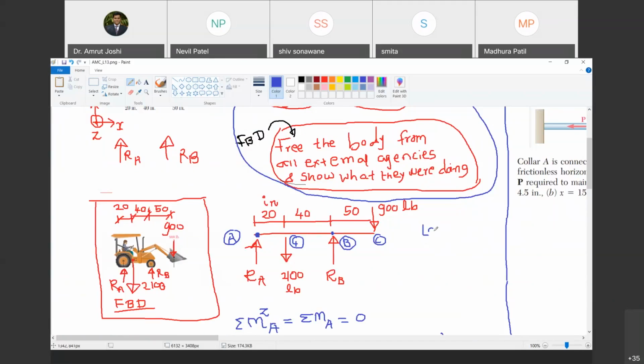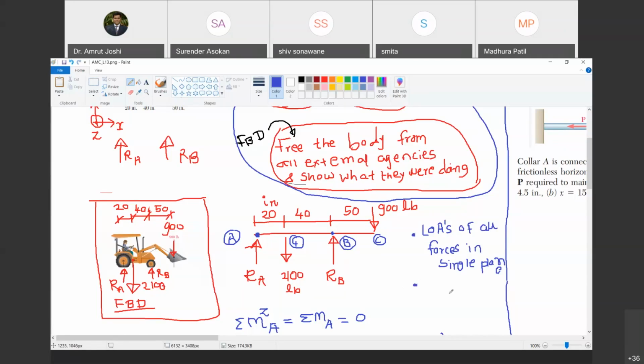So observation number 1: lines of action, LOAs, of all forces lie in a single plane. कौन सा plane है वो? XY plane है. Do you agree with me? Yes, sir.